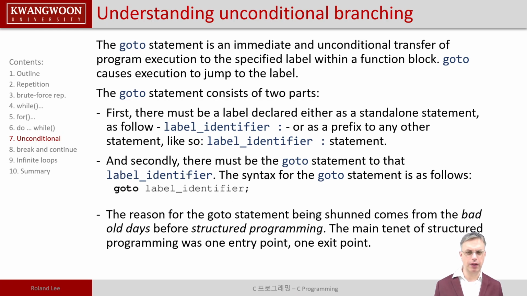The reason for the goto statement being shunned comes from the bad old days before structured programming. The main tenet of structured programming was one entry point, one exit point. We don't hear much about this anymore because programmers have been trained better, and languages, also starting with C, have been more disciplined, so that goto is not really needed anymore.